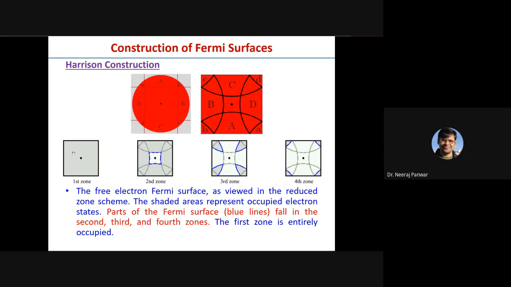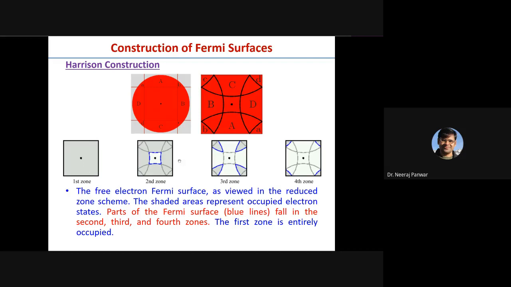Again, in the reduced zone scheme, it would look something like this. The capital letters represent the portion of the Fermi sphere lying in the second Brillouin zone, and small letters represent the portion of the Fermi circle lying in the third Brillouin zone. So they can be translated into the reduced zone scheme. This portion A would come here, C would go here, B would come here, D would come here, and similarly the small letters.